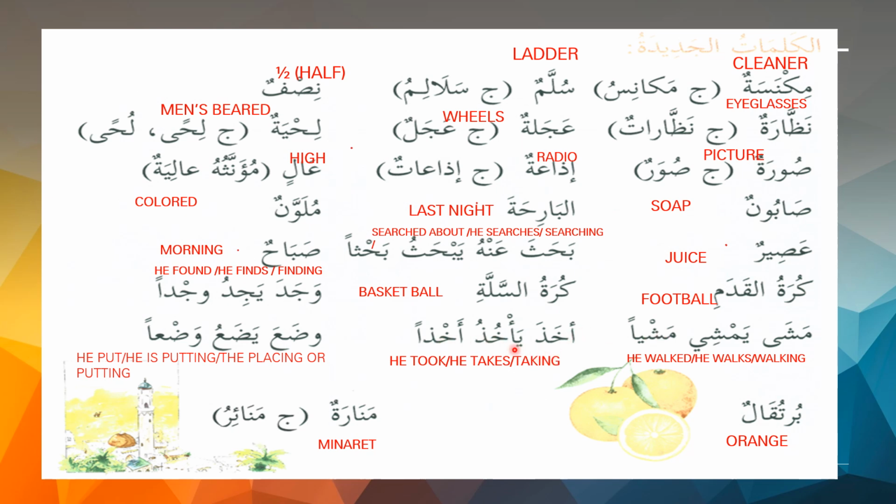He took, he is taking, or he takes, and akhdhan is the taking. Wada'a yad'u. Wad'an means he put or he placed. He is putting, and wad'an is the placing or the putting. Burtuqal orange, and manara is the minaret of the masjid, and the plural is manair.